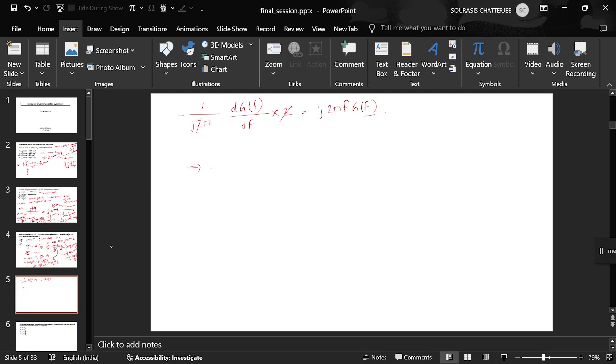So these two cancel out. Minus j means minus 1, which means j square, so j will go on top and this will also cancel. Pi will come to this side, so dG(f)/df is equal to 2 pi square f G(f). So this is the final relation we have obtained.